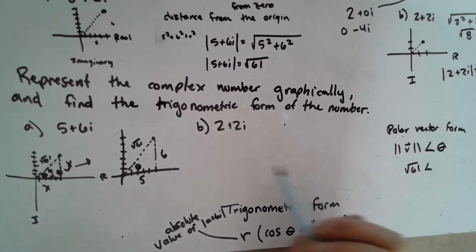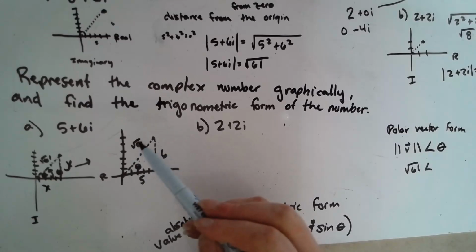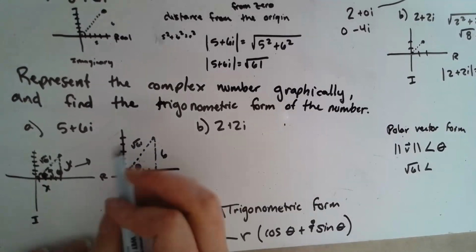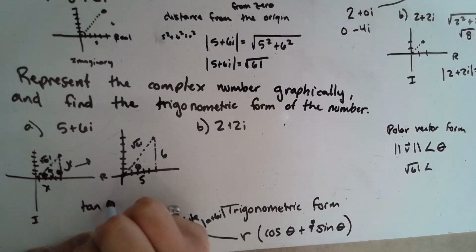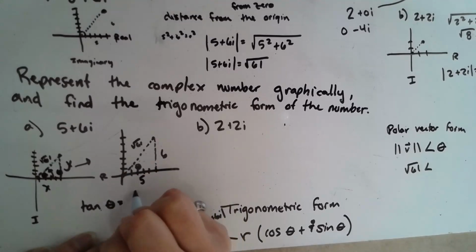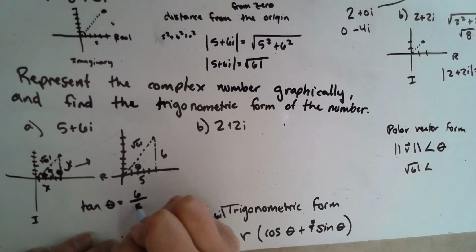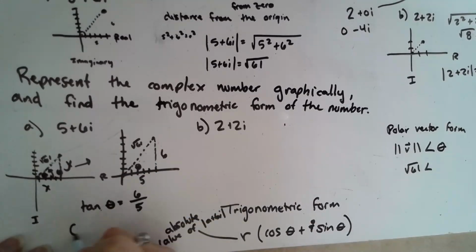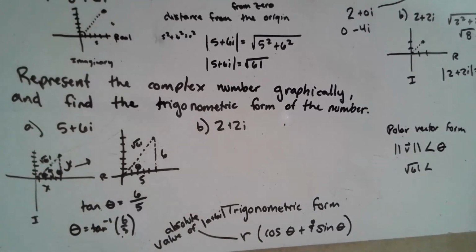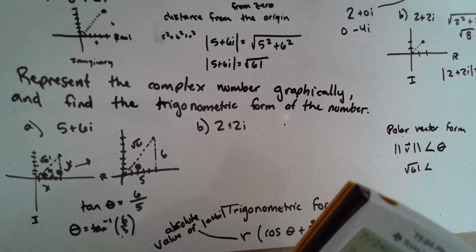So we want to find theta. A lot of times we just go with tangent, because then we don't need to have this hypotenuse. So if I go tangent of theta equals opposite over adjacent, then theta equals the tangent inverse of 6/5. Go ahead and make sure your calculator is in degrees.